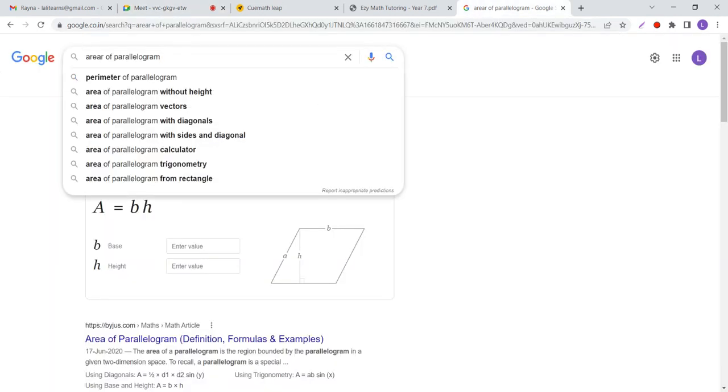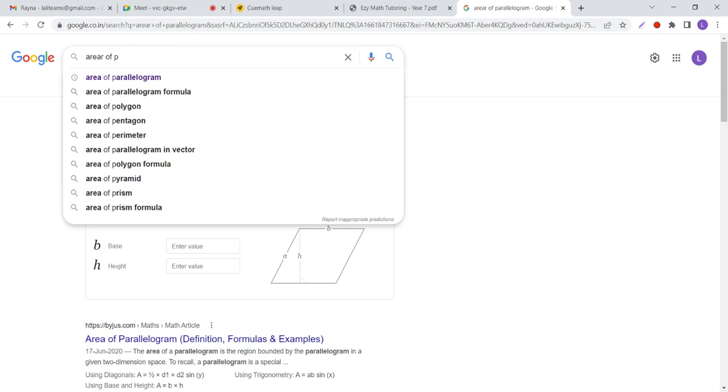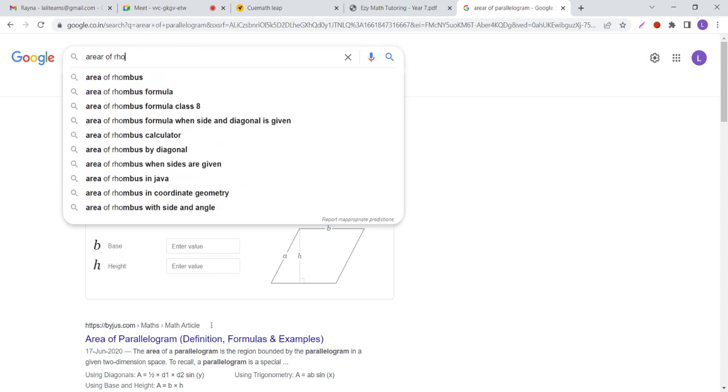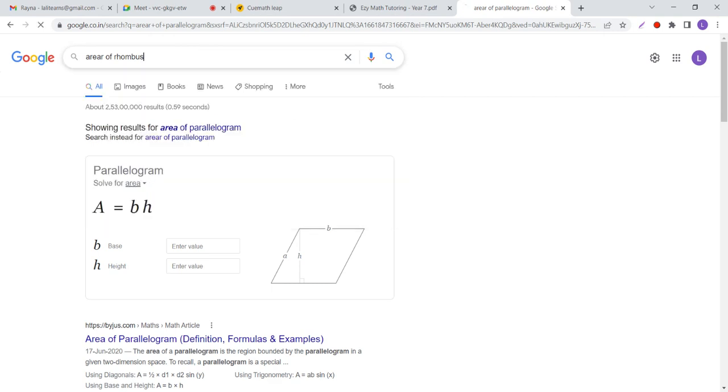Now find the area of the rhombus, so it will be 7 plus 7.